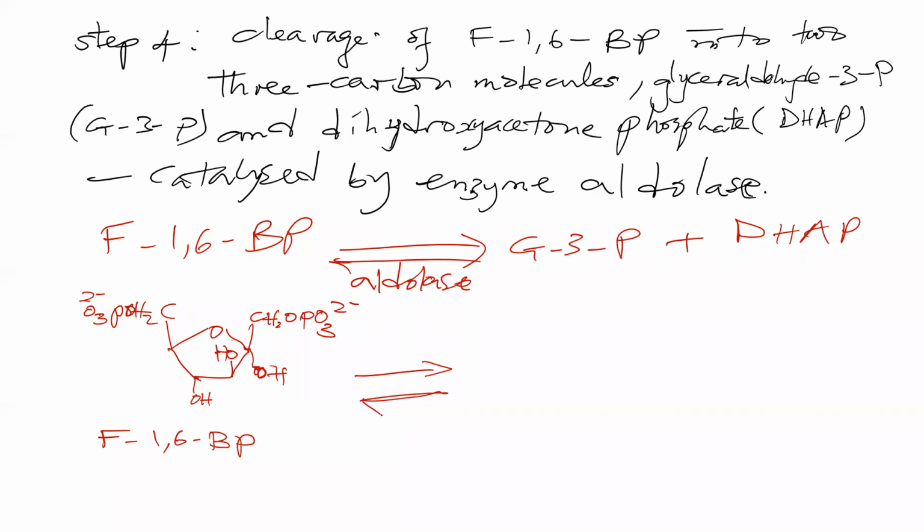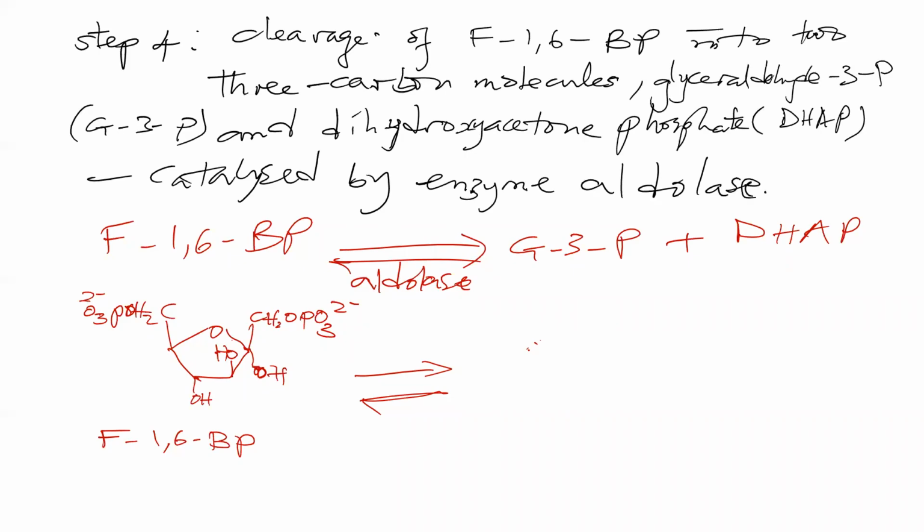And we are forming two compounds, glyceraldehyde 3-phosphate. So CH2OPO3, 2 minus. Let me write them in the same order I've written them. So let me start with glyceraldehyde 3-phosphate so that we do not confuse things.